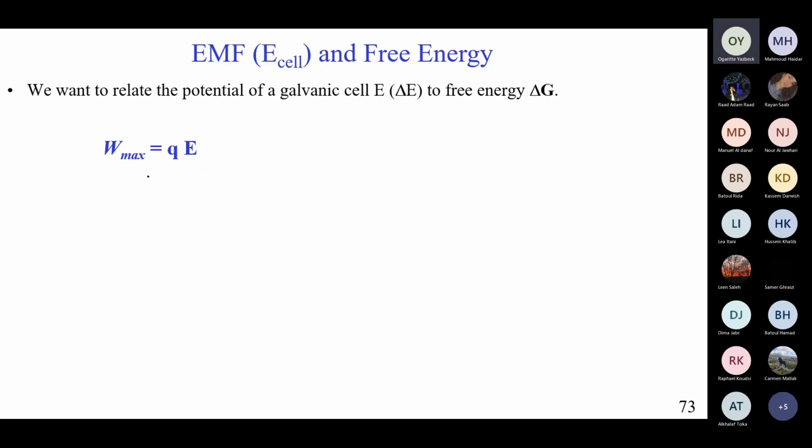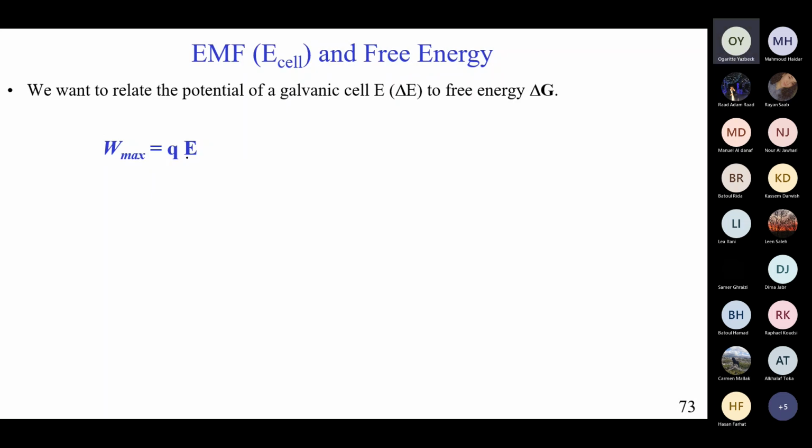The maximum amount of work done by any galvanic cell can be related to the E of that cell. Work max is the work at the beginning when you first turn on the cell. That's the beginning, and that's what we call the work max of the battery. The battery works at its maximum at the beginning.